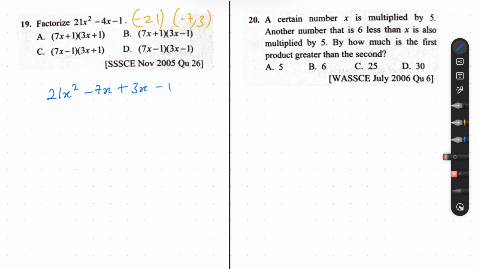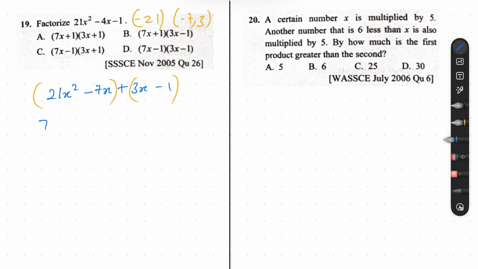So we can group. This is easy to group because this side is positive, so it won't affect the other side. Let's factor out. We have x as a common factor here, and also 7 is a common factor because 7 goes into 21 perfectly 3 times.